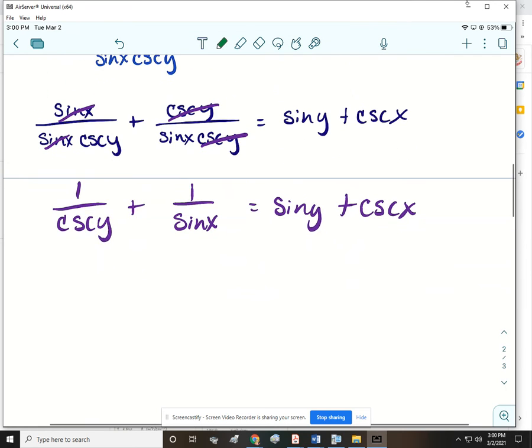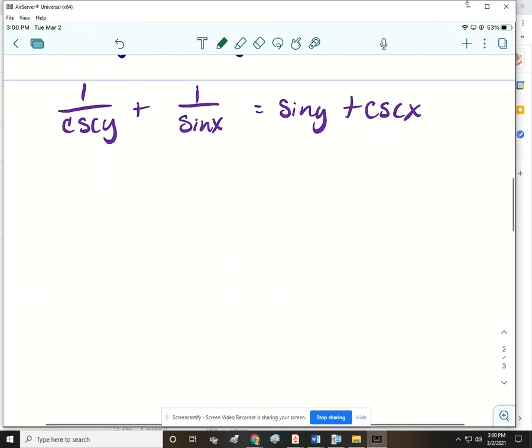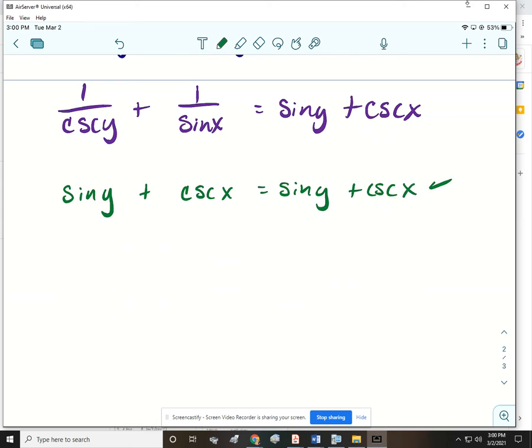All right, and then 1 over cosecant of y is a reciprocal identity. That's just sine of y. 1 over sine of x is a reciprocal identity. That is just cosecant of x. And that is what we wanted to end up with.